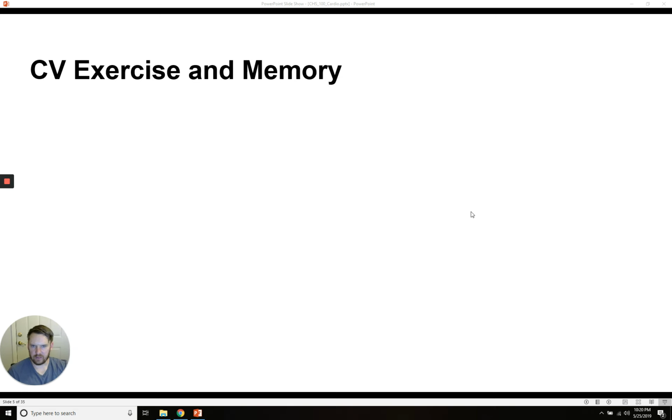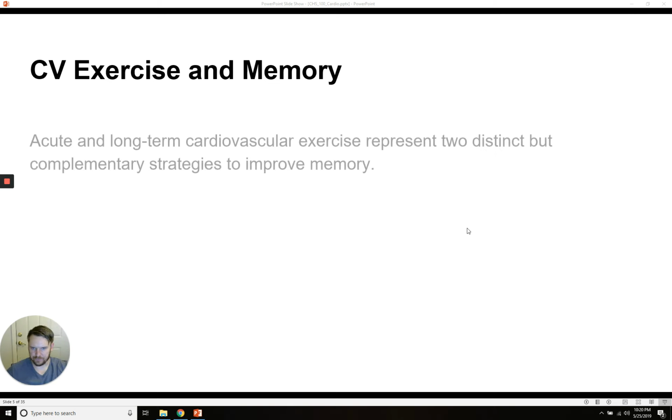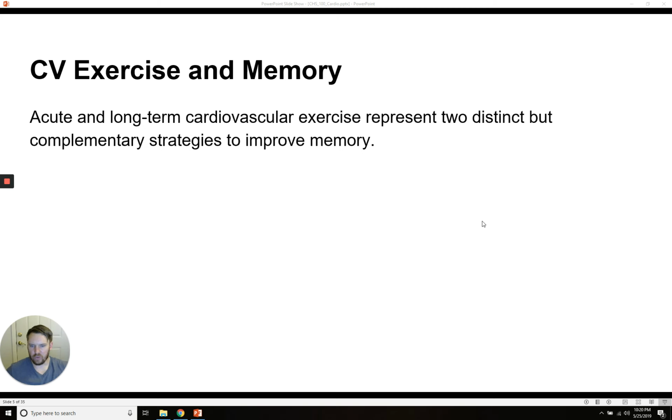Looking at the effects, not just on the physical components like we just looked at, cardiovascular training also has some very positive effects on things like memory. Both acute and long-term cardiovascular exercise are two different strategies that can be used to improve memory.